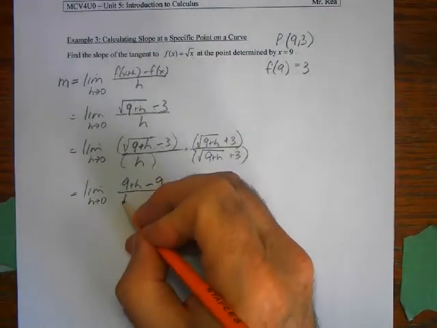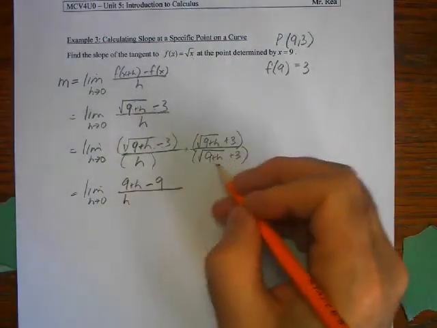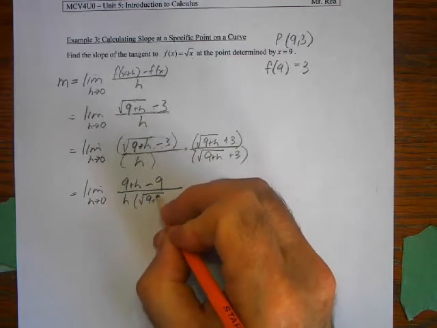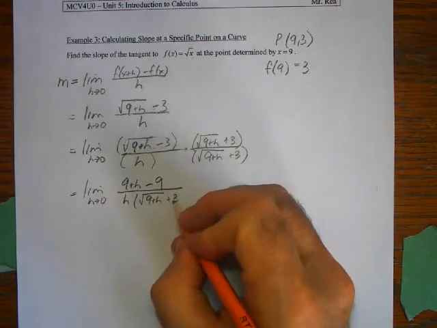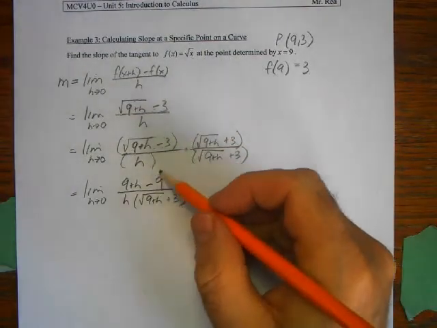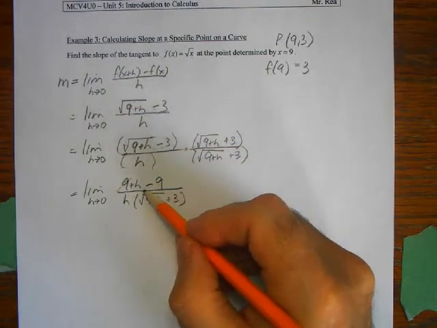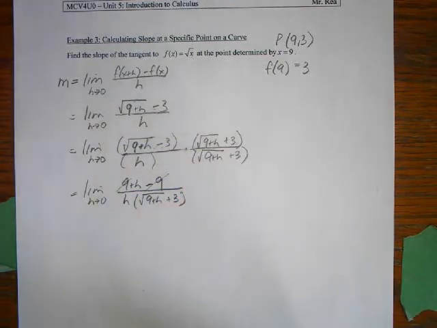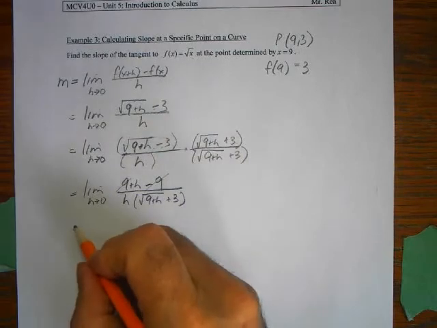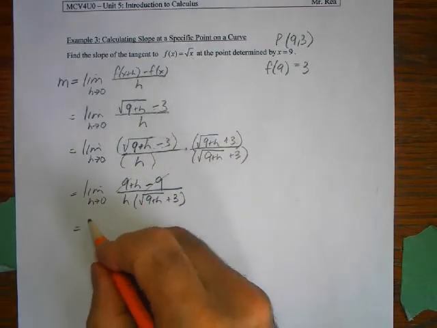And then we've got our h. I'm not going to bother distributing this, and you'll see why in a second. I'm just going to leave it undistributed. But what you're going to see here is these 9s, plus and minus 9, cancel each other out. I might as well show the step here, and then you can see I'm just left with an h on the top.